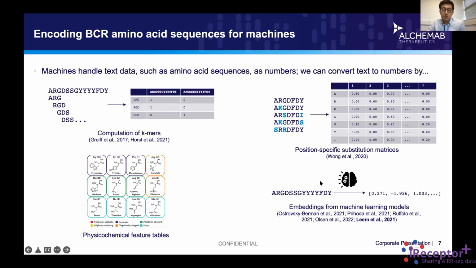So it's to use a machine learning model that converts this sequence into some vector of numbers, some series of numbers, which should have some capturing ability to represent that amino acid sequence in some numeric space. There's lots of work going on, especially in the last year alone, and our work is just one of the many things happening in this space.